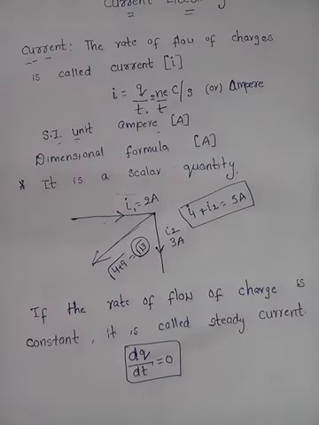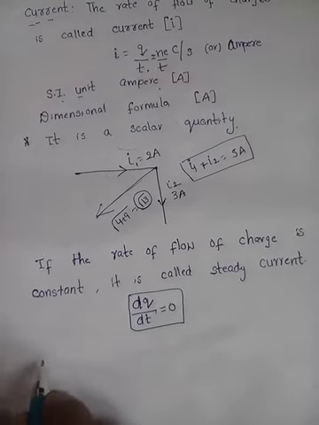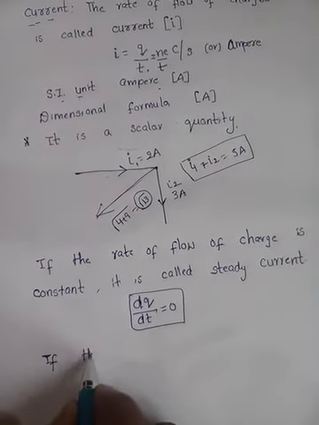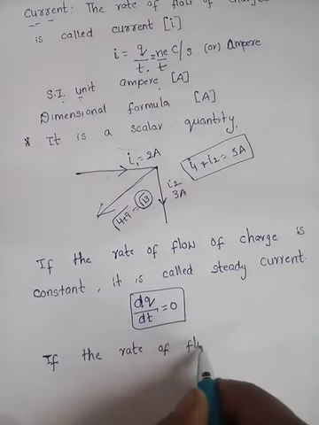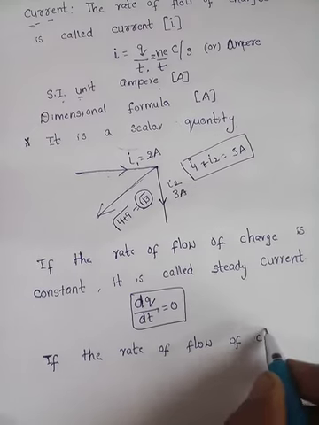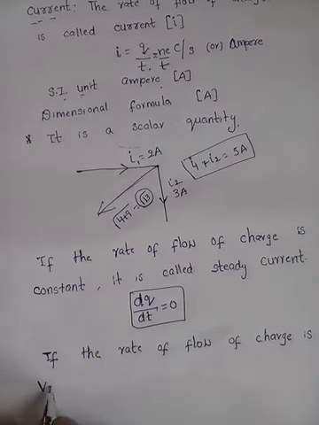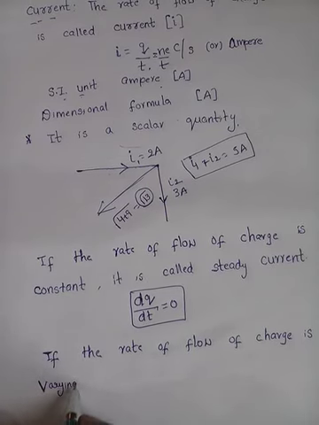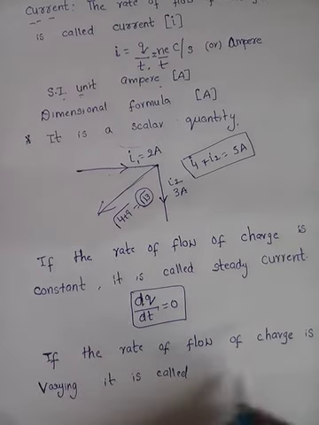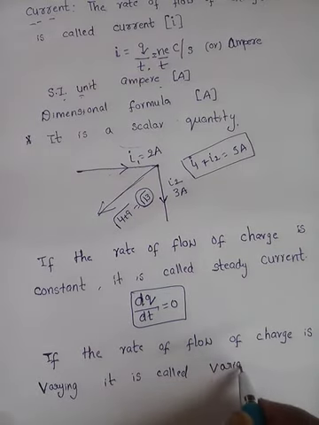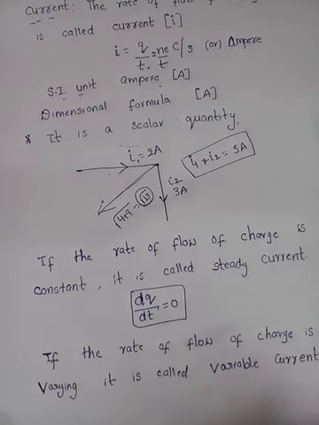If the flow of charge varies continuously, the same statement can be written as: if the rate of flow of charge is varying, it is called variable current or varying current.